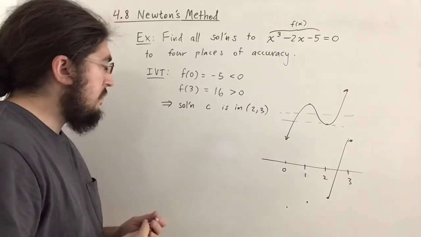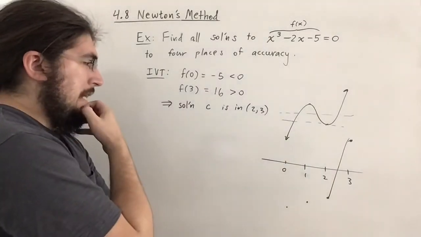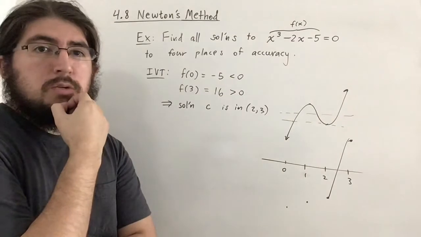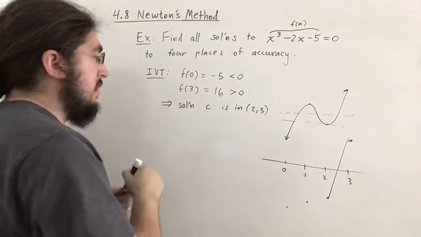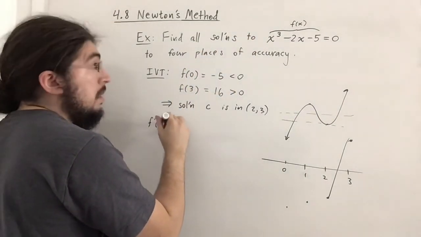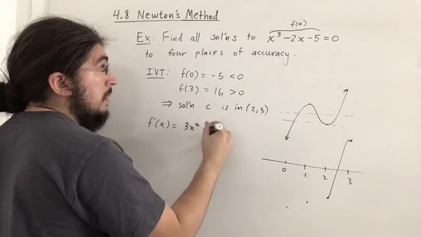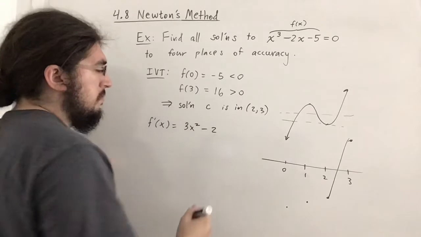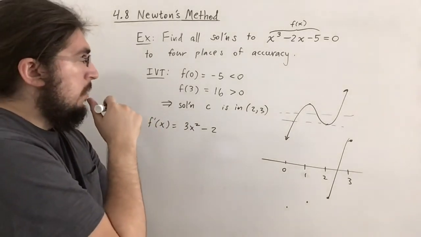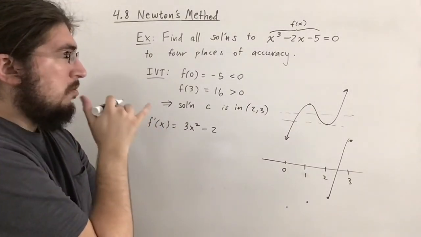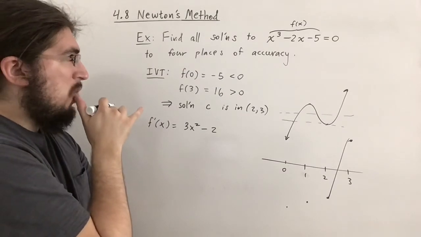Good. So now what? How can we show that this is the only solution? Well, I'm going to take the derivative of this. So f prime is going to be 3x squared minus 2. Now if we set that equal to 0, what do we get?